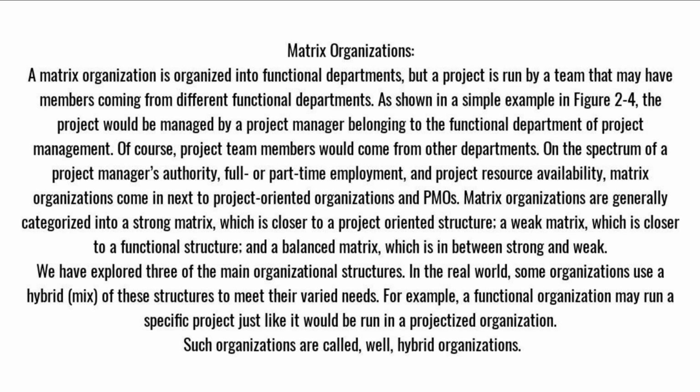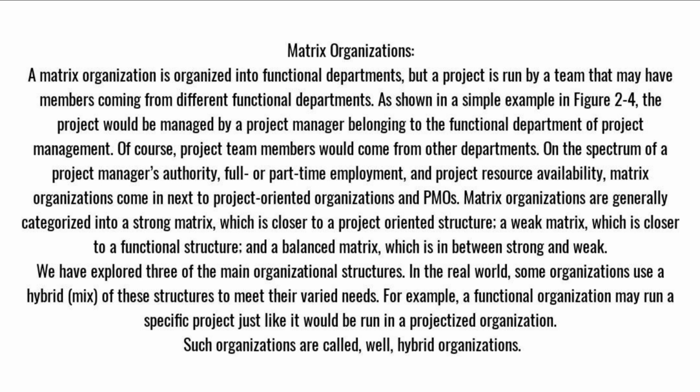On the spectrum of a project manager's authority, full or part-time employment, and project resource availability, matrix organizations come in next to project-oriented organizations and PMOs. Matrix organizations are generally categorized into a strong matrix, which is closer to a project-oriented structure, a weak matrix, which is closer to a functional structure, and a balanced matrix, which is in between strong and weak.